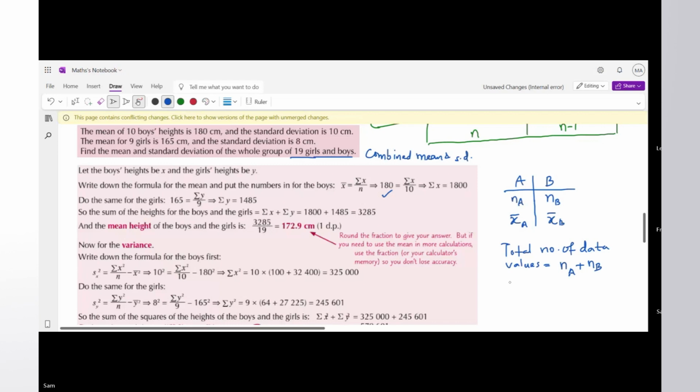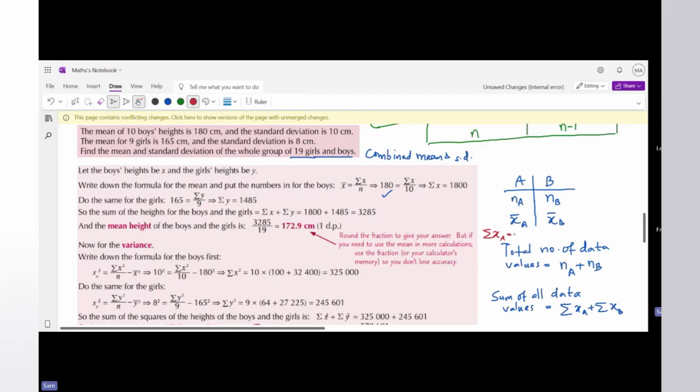You understand this? And what is the sum of all data values? Sum of all data values is sigma XA plus sigma XB. But do we know what is sigma XA and sigma XB? We don't know, but we can find it.